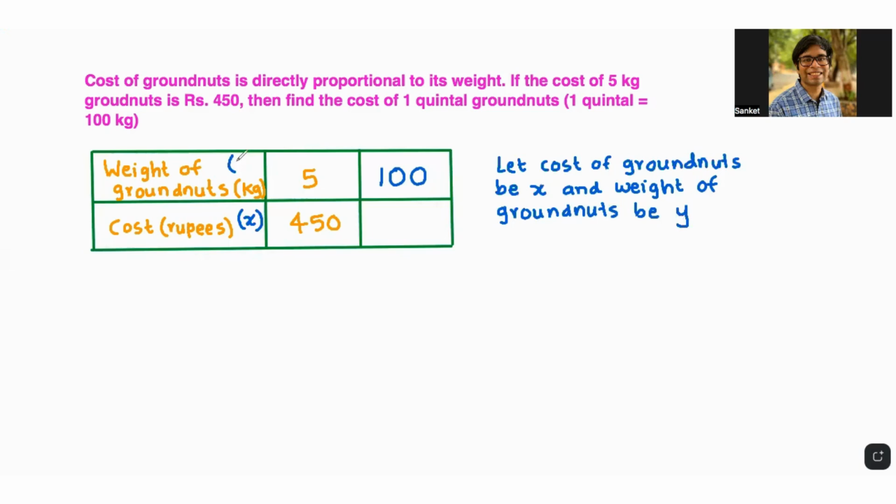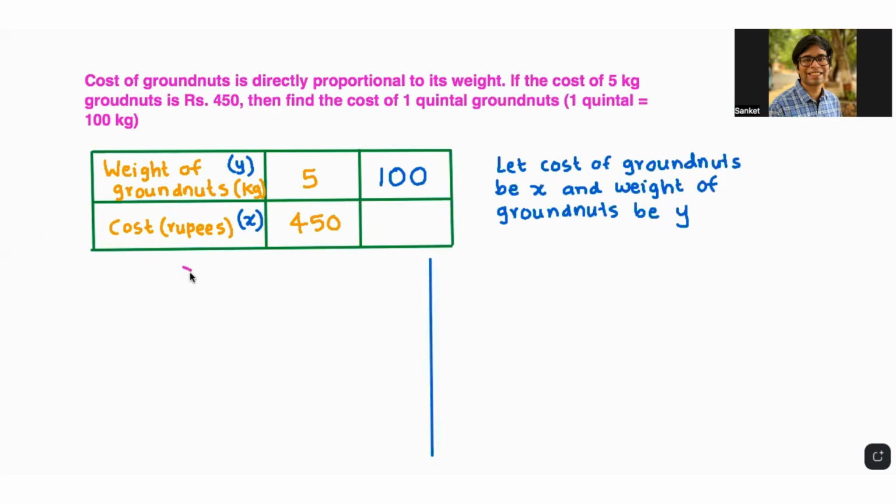So I'm going to denote weight of groundnuts with the variable y. And I know that there is a relation between y and x. If y increases, x will also increase. If weight of groundnuts increases, its cost will also increase.